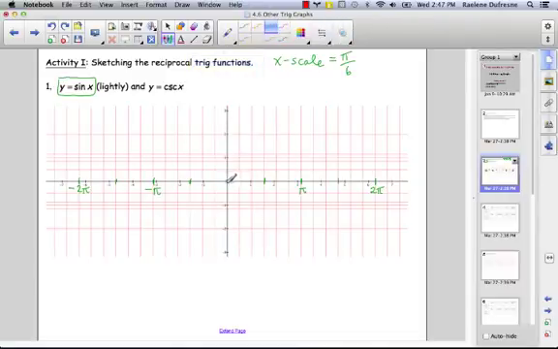So we have 0, 0. We have a maximum at pi by 2 on the sine graph of 1, a 0 at pi, a minimum of negative 1 at the angle 3 pi by 2, and a 0 at 2 pi. We also have these other angles. I'm not bothering putting in pi by 4 here, so I didn't put in the square root 2 over 2 line. Okay, we continue on, filling in the rest of the values.